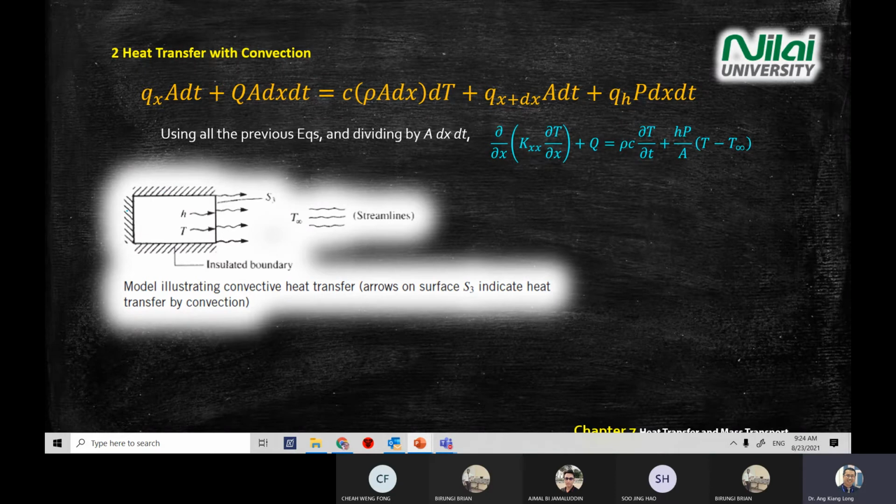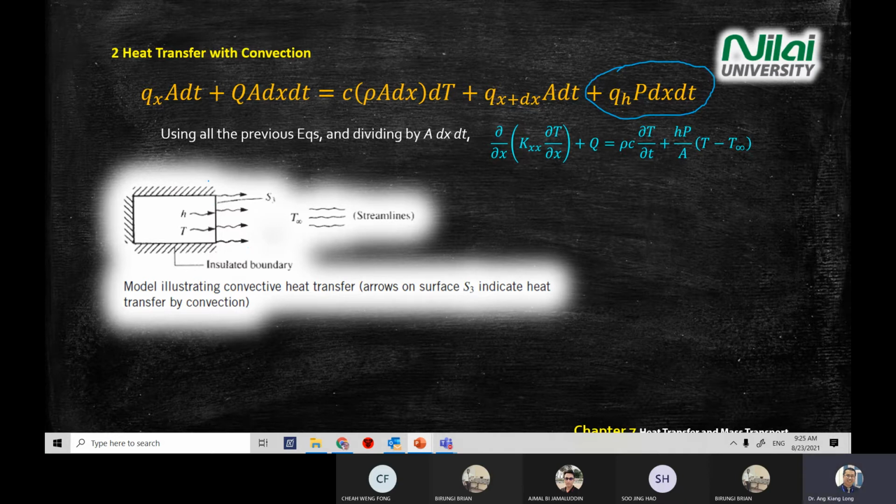Let's say we only have one area of convection, meaning the area is exposed to the atmosphere and the other surfaces are closed or insulated with material that does not allow heat transfer by convection. Normally this h component you need to calculate when you have an open area.